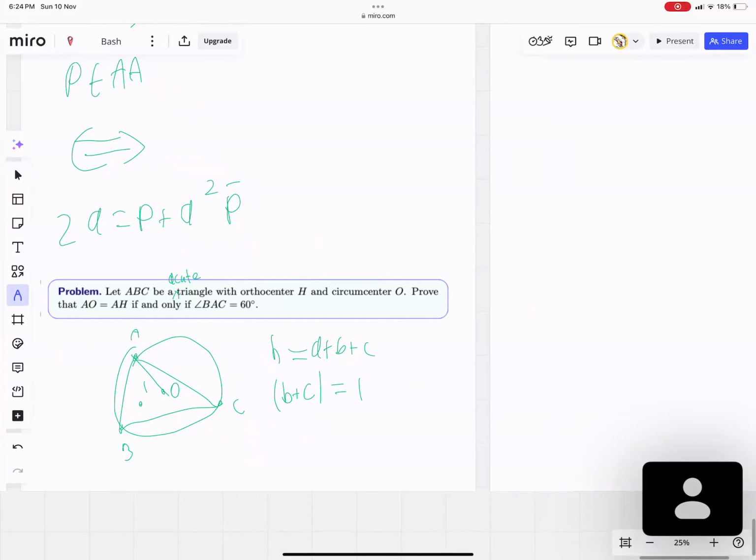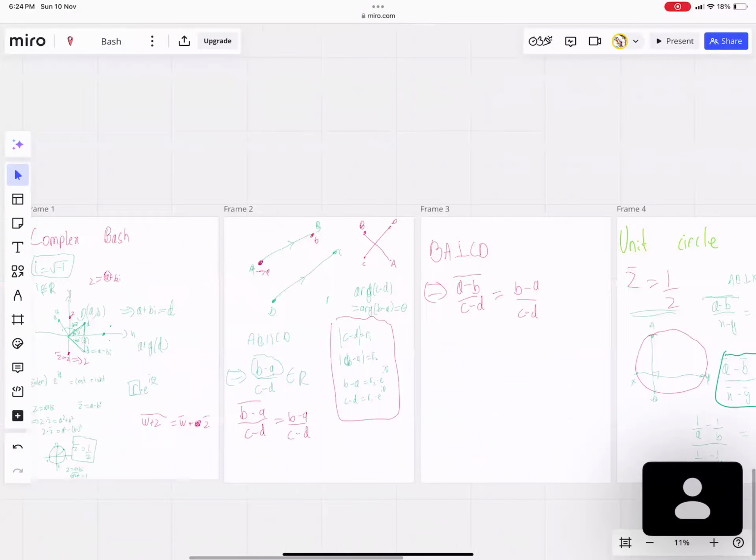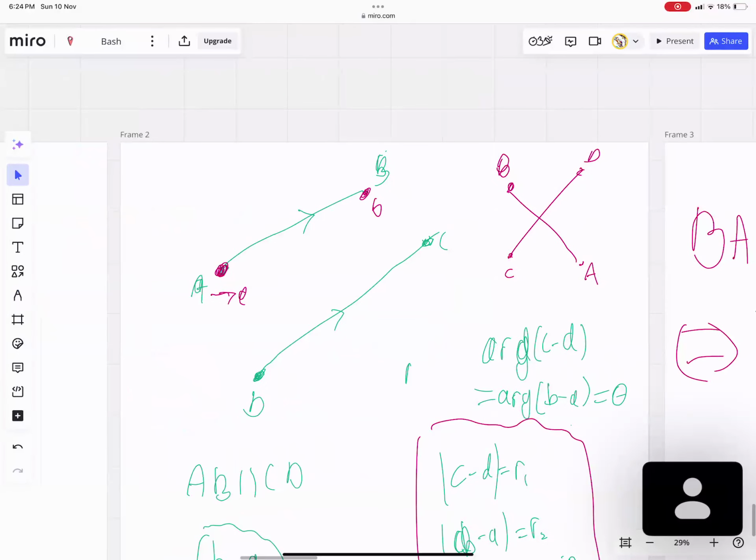Since the length of a segment AB is equal to the argument of B minus A. Is that fine with everyone? Wait, why is that? Okay, so let me just remember here how I talked about making it like a vector. So if we treat this like a vector, this has vector B minus A, and the magnitude of the vector will.